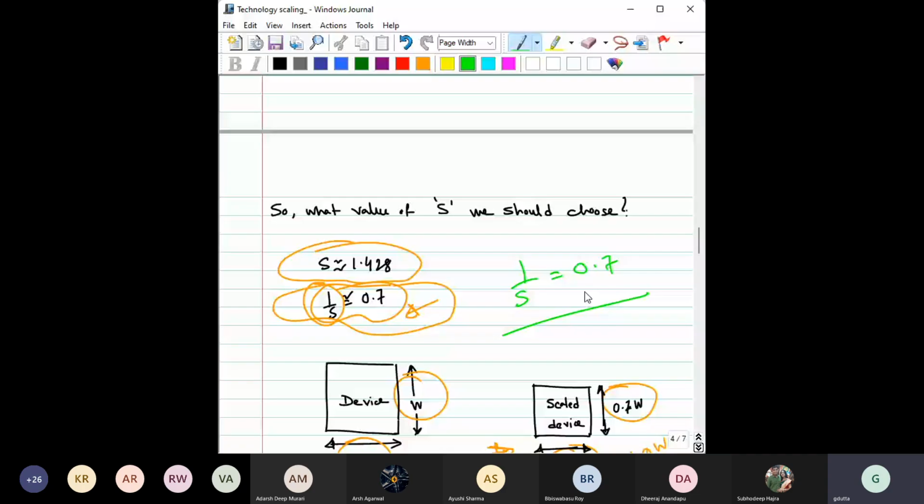But there is also one more important thing, that is the time. From the device fabrication point of view, it is not so easy to just reduce all the dimensions by 50%, 40%, 30%, whatever we want. That takes a huge amount of time for the fabrication, optimization, processing, and moving from material to material.